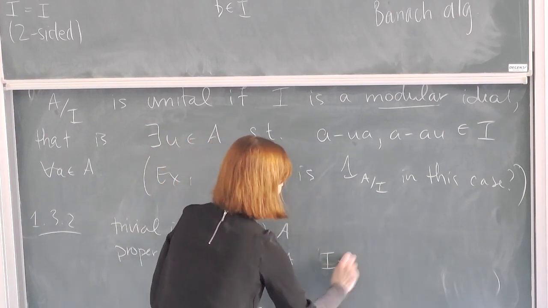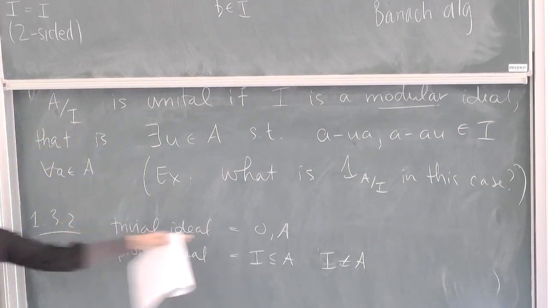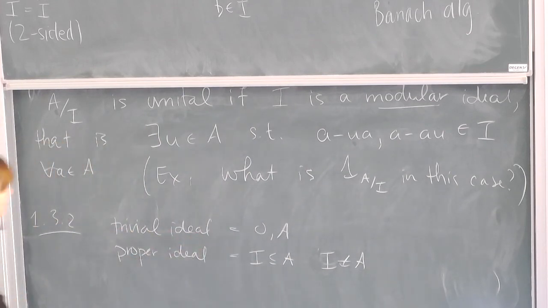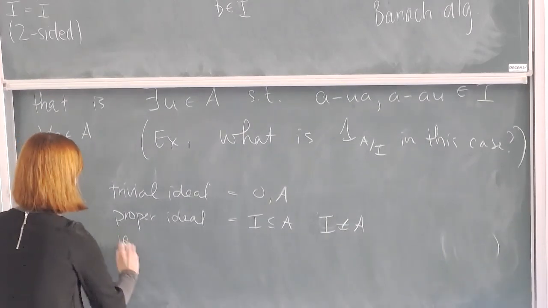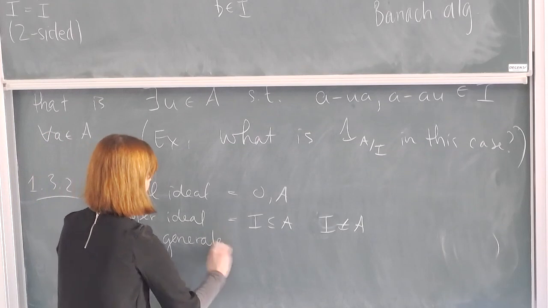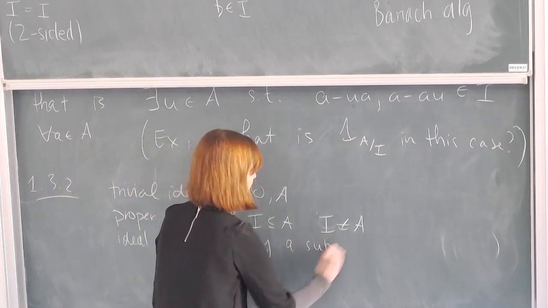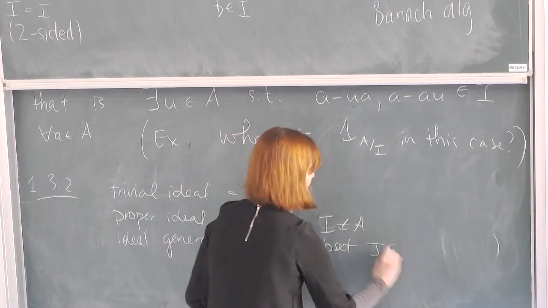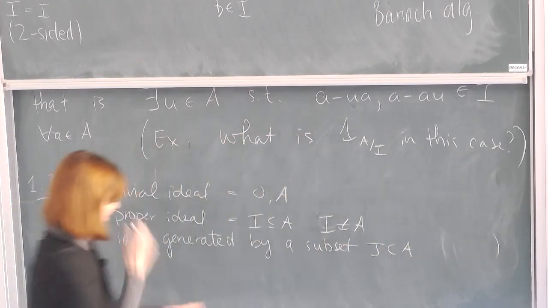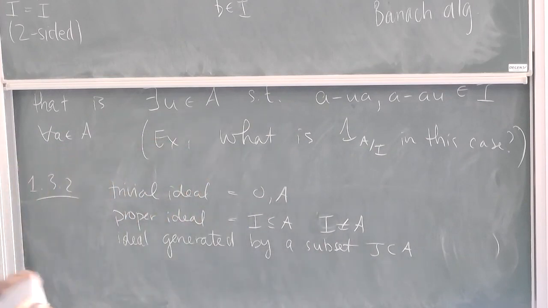So in particular, if I say proper, I mean it could be 0, but if I say trivial, I'm excluding 0. We also have the notion of an ideal generated by a subset, and that will just be, of course, the smallest ideal containing this set.